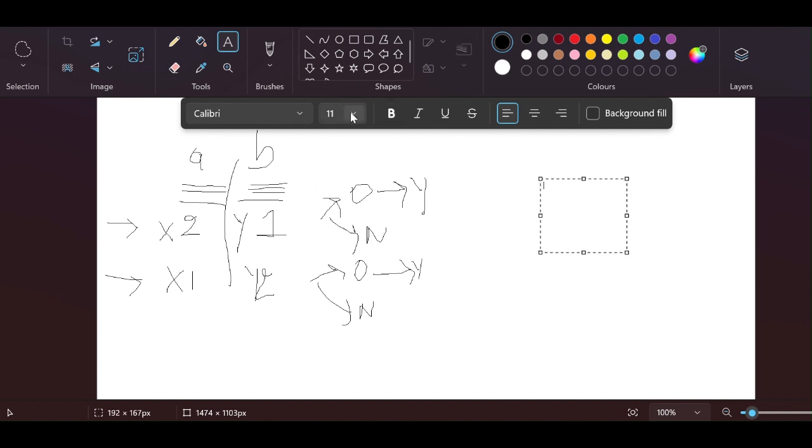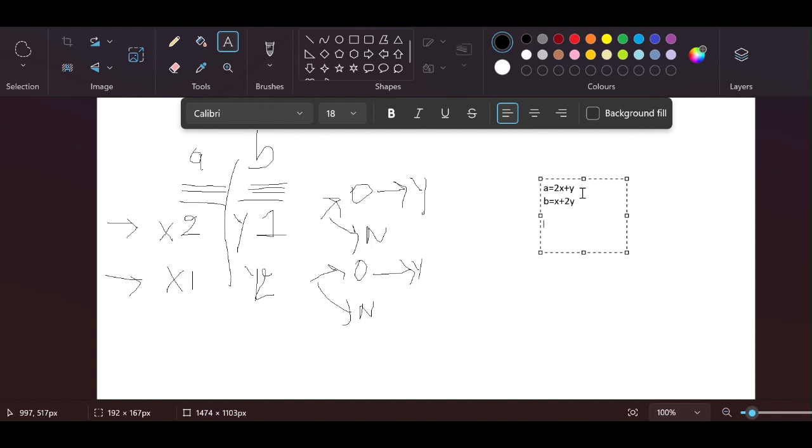We get A equal to 2x plus y, and B equal to x plus 2y.